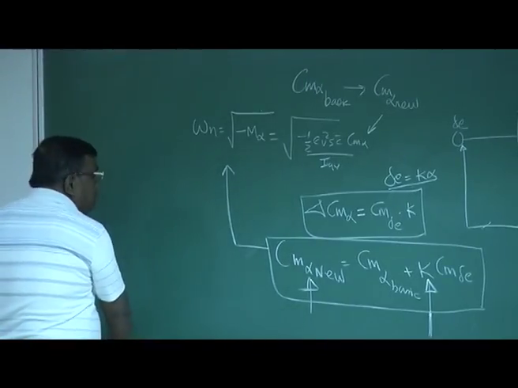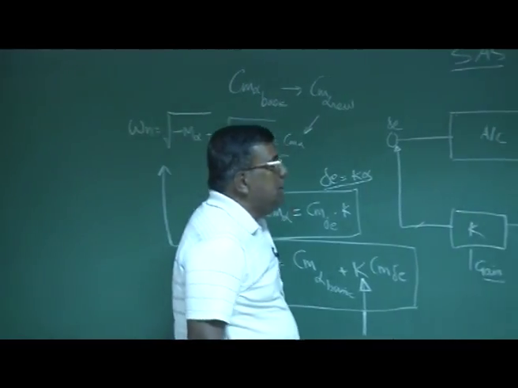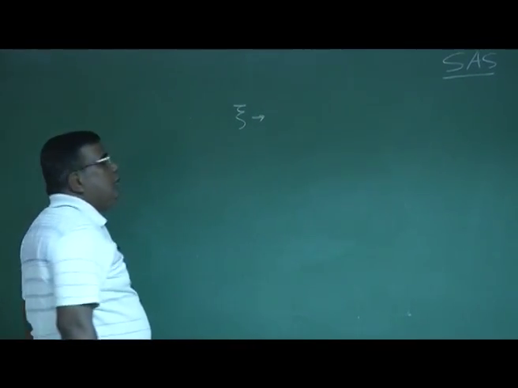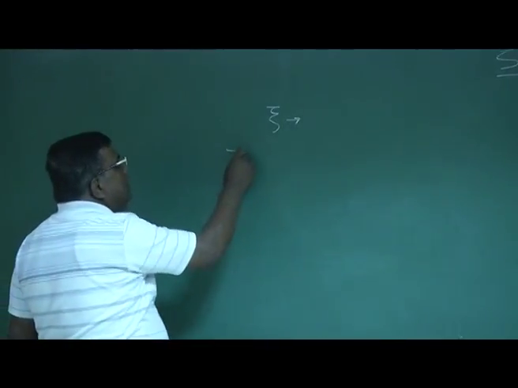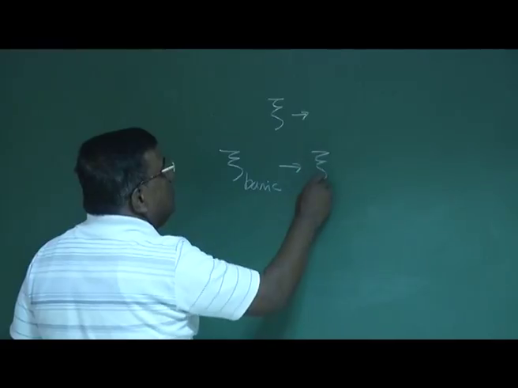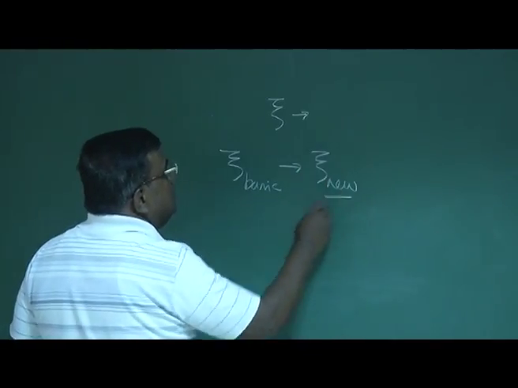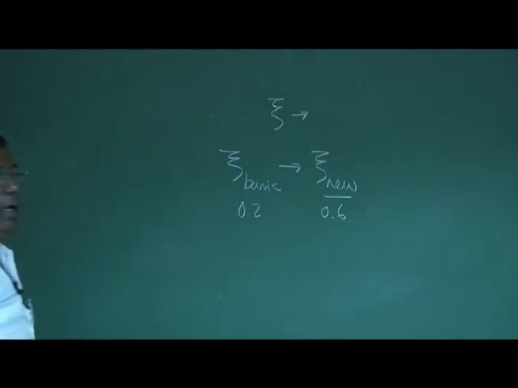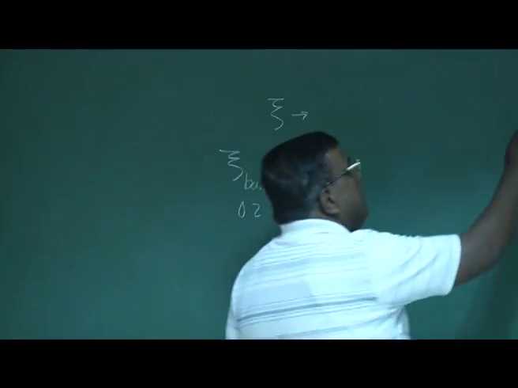Suppose the second question comes, if I want to change zeta. That is, there is zeta basic from the airplane, and we want zeta new. Let's say it was 0.2, we want to go to 0.6 in flight. How do I do that? Again, come back here.